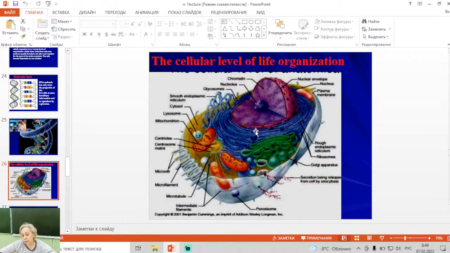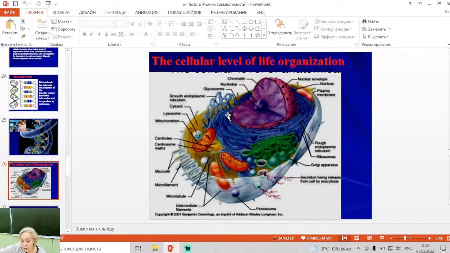Next level, cellular level of life organization. On this slide, you see the complex structure of the cell. Each cell is surrounded by a plasma membrane, and you see the plasma membrane surrounds the cell. Inside the cell you can see a lot of different organelles.